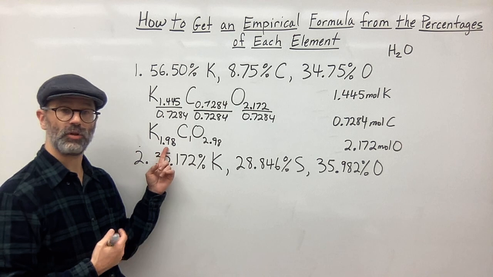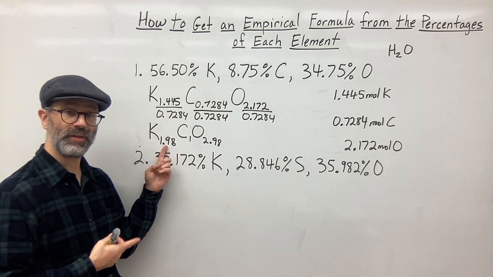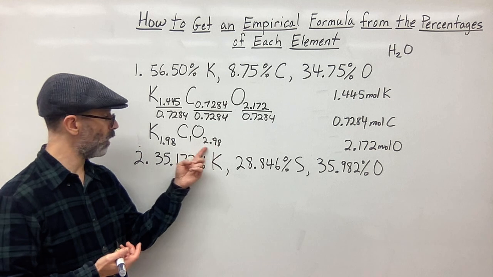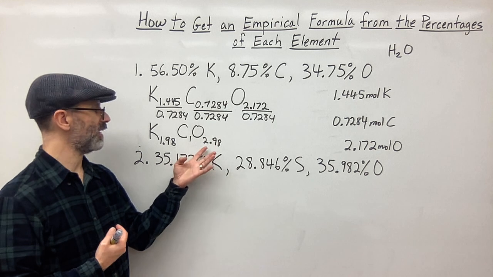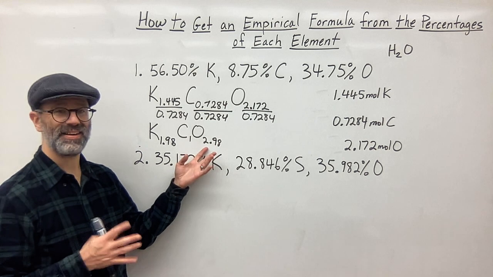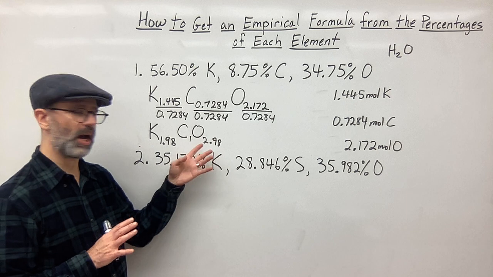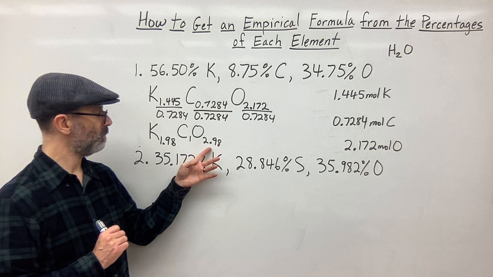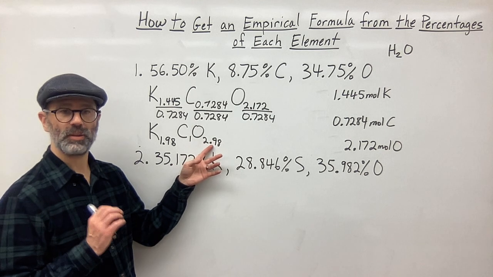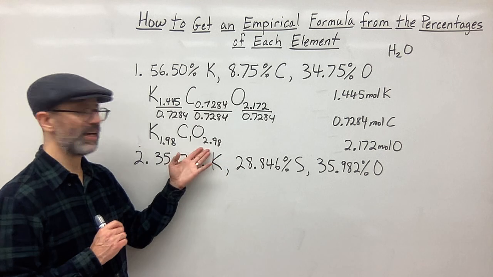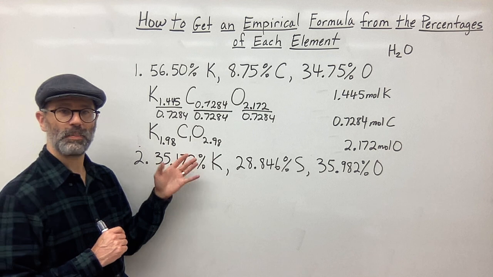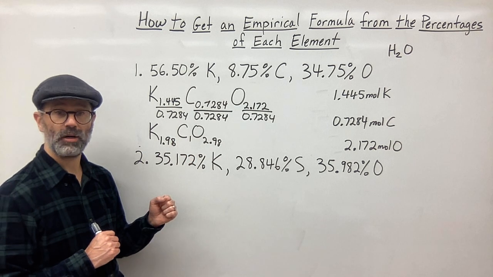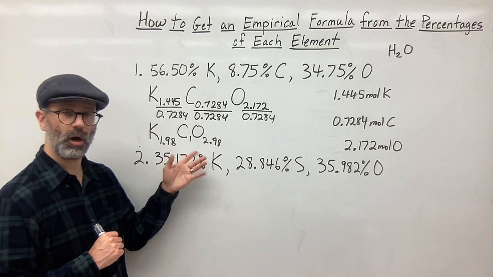Now, these numbers are really close to whole numbers. 1.98 is really close to 2, so you can round that to 2. 2.98 is really close to 3, so you might as well round that to 3. If this was something like 2.9, I wouldn't probably round it. Something is probably wrong there, but usually you get a number really close to the whole number, maybe 3.01 or something along those lines. If you get something like 1.75, you might multiply by 4.